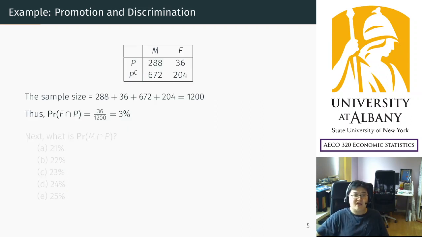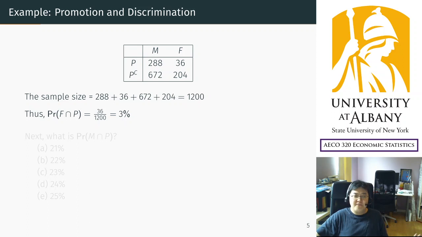That's easy. The idea is we have 4 outcomes. The sample size is the sum of all the frequencies, the sum of these 4 numbers. In our data set, there are 1,200 candidates, 1,200 police officers.